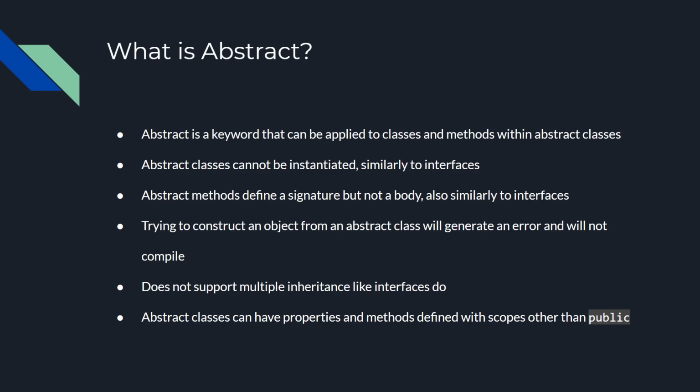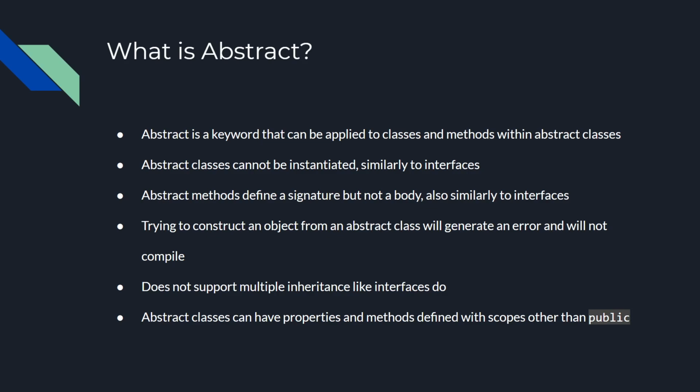Abstract says, hey, you have this class, and you cannot create an object from the class, which is a little bit counterintuitive for object-oriented programming, because the reason we have classes is to make objects. So why would we have classes that can't make objects? And that's what we're going to explain.